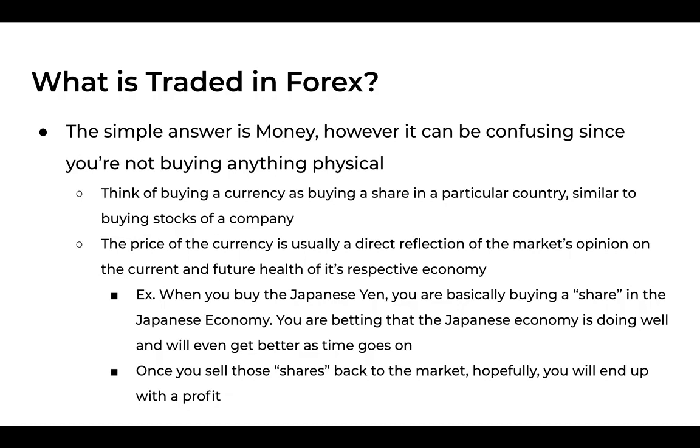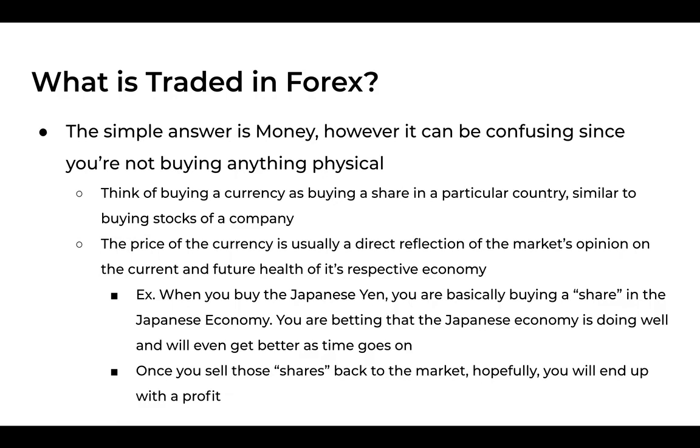So basically think of buying a currency as buying a share in a particular country, similar to buying stocks of a company. The price of the currency is usually a direct reflection of the market's opinion on the current and future health of its respective economy. For example, when you buy the Japanese yen, you are basically buying a share in the Japanese economy. You are betting that the Japanese economy is doing well and will even get better as time goes on.